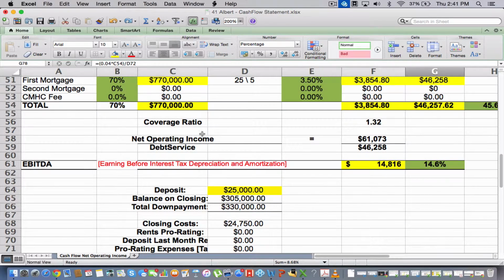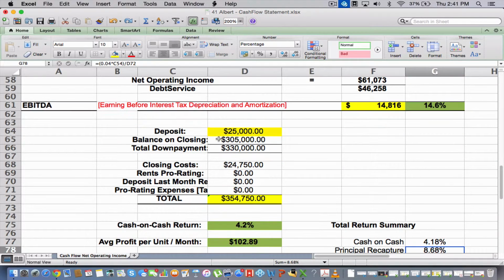And if you're on a 25-year amortization, roughly about 4% of the principal is going to get paid down every year. Over 25 years, if you pay down 4% each year, that adds up to 100%. Now, this return calculation is not perfect because of the amortization tables in mortgages.